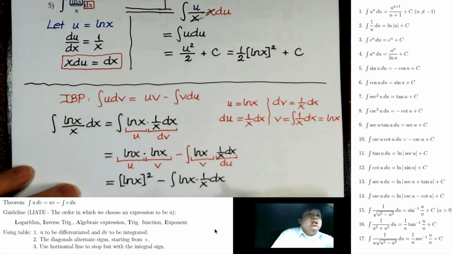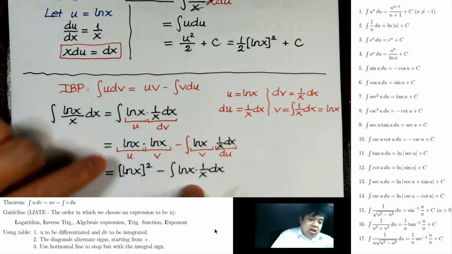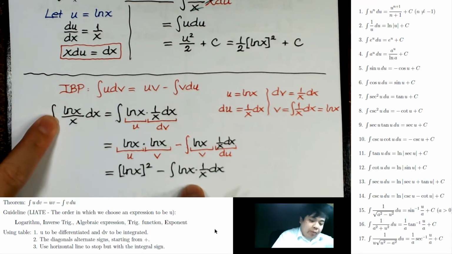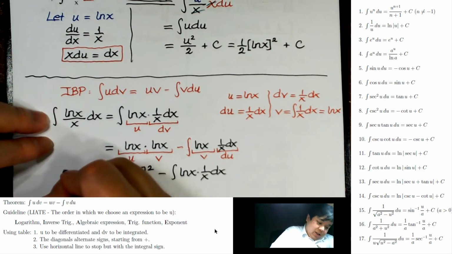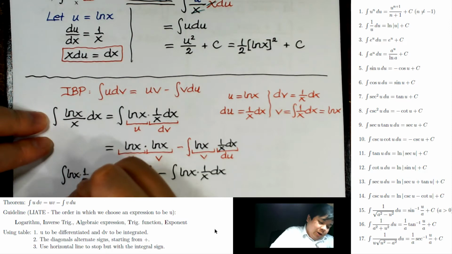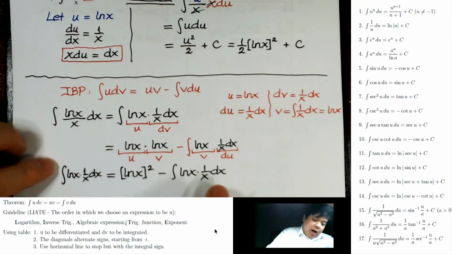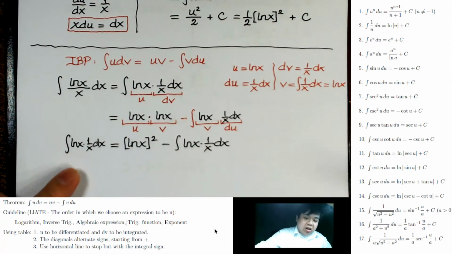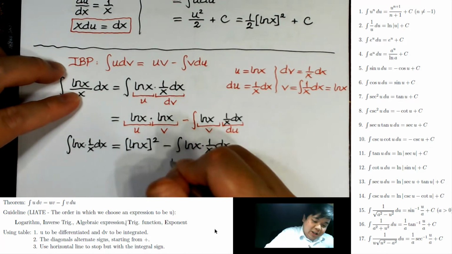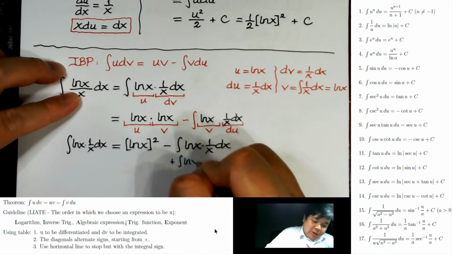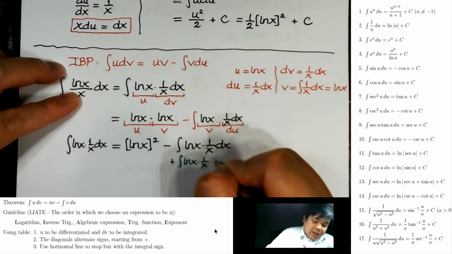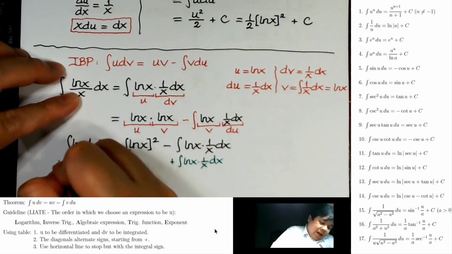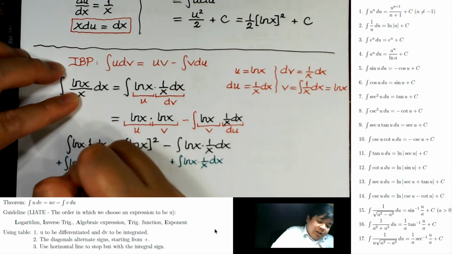Well, that doesn't help us much because this is exactly the same as the original problem, but that actually helps us. So let me just write out the integral of ln of x times 1 over x dx. Since these two are the same, I'm going to add this to that side. So we add the integral of ln of x 1 over x dx on both sides.